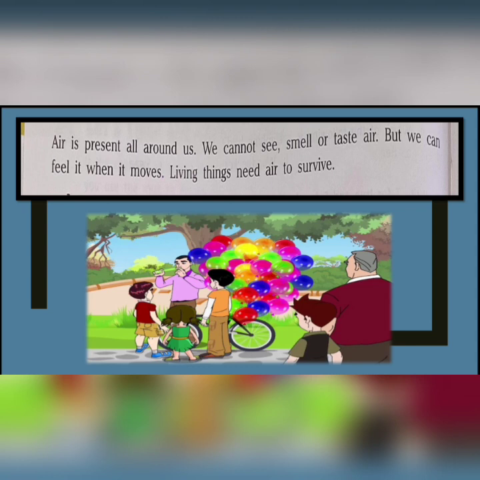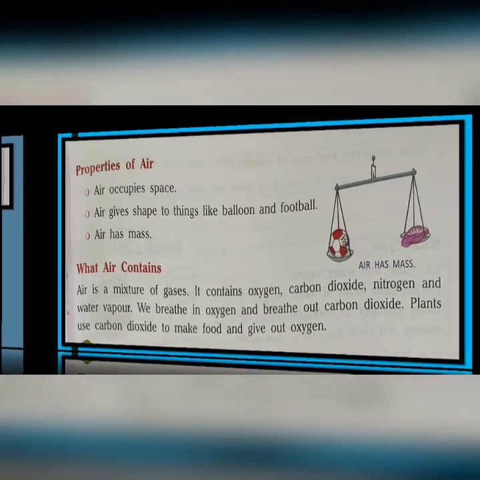Plants need carbon dioxide also along with oxygen. Carbon dioxide is needed for photosynthesis, and carbon dioxide and oxygen can be found in air only. So air is most important for all living things.